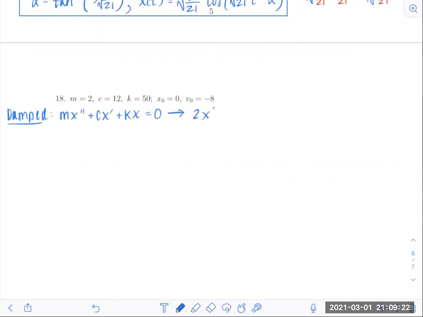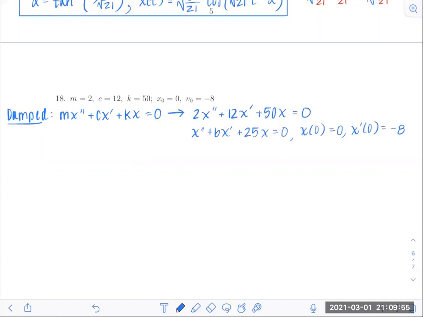So 2x double prime plus 12x prime plus 50x equals 0. I like to divide through by that coefficient, so I'm going to call this x double prime plus 6x prime plus 25x equals 0. And then I'll just state my initial conditions: x of 0 equals 0, and the velocity, which is x prime, is equal to -8.